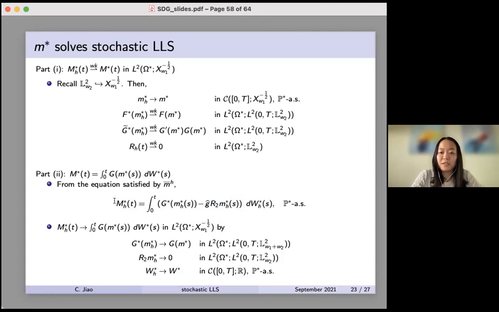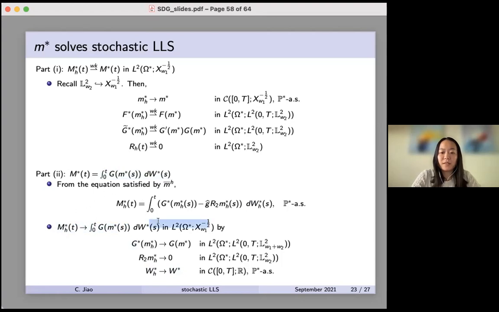Then we just need to show that this integral here converges to the stochastic integral above. We can do so by checking the convergence of the function g star to g, the convergence of the remainder term to 0, and the convergence of the WH term to the actual Wiener process W star in limit.